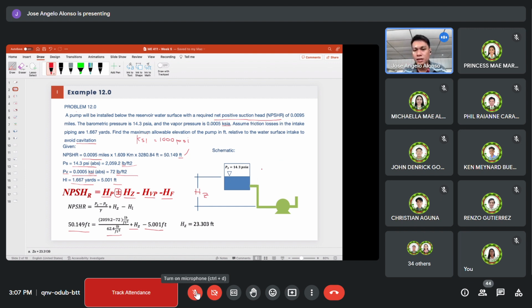So based from this, and we determined also based from solving this problem, na kapag yung reservoir natin is nasa taas ng ating pump, the higher the elevation ng ating reservoir, or the greater the distance between the two of them, then mas favorable siya sa system.